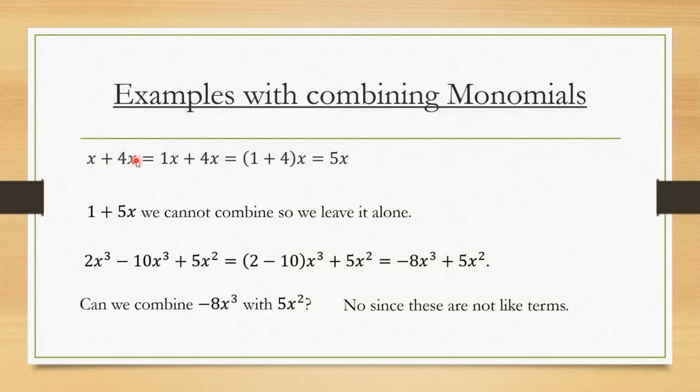So they both have the same power of x, so to say. And remember, it looks like there's no coefficient, so it's understood to be 1. So this sum is the same as this, and this is just 5 times x.